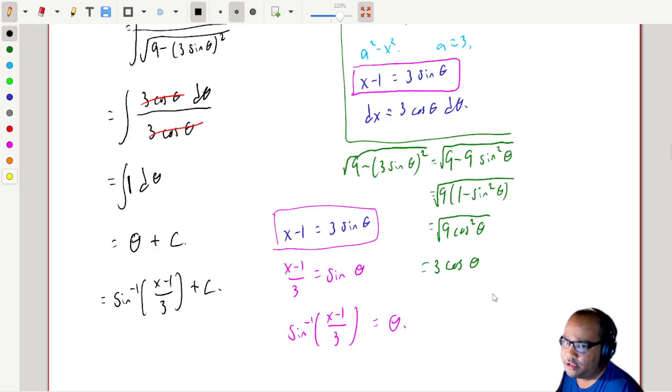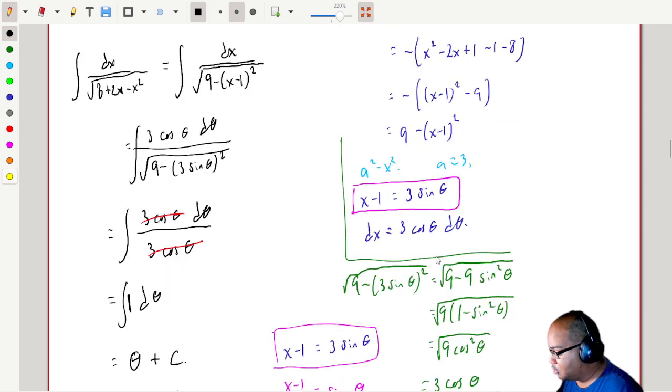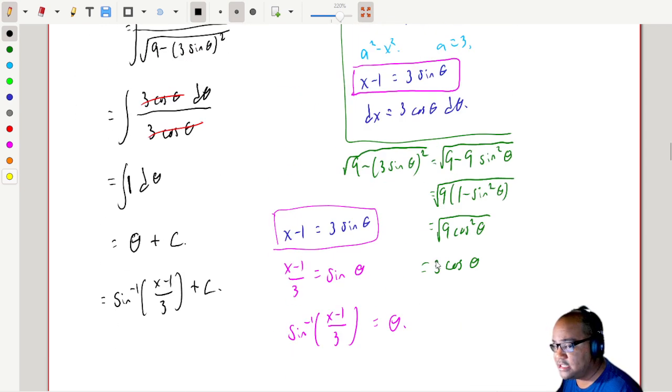What was the main idea here? Well, complete the square, but recognize this as a difference of squares and the see and say patterns. Remember that those see and say patterns are motivated from the trig identities, from the Pythagorean identities. Those are powerful, powerful identities to use.